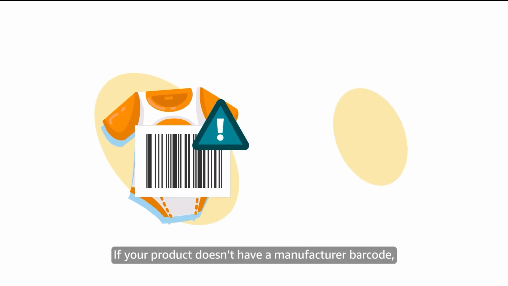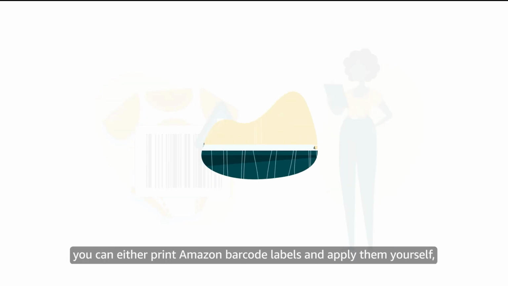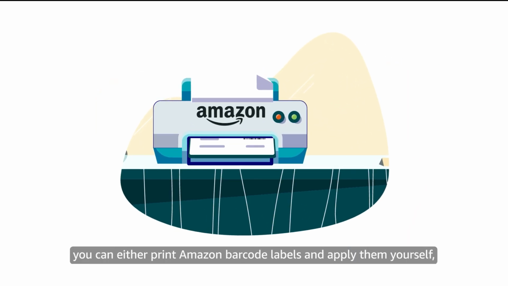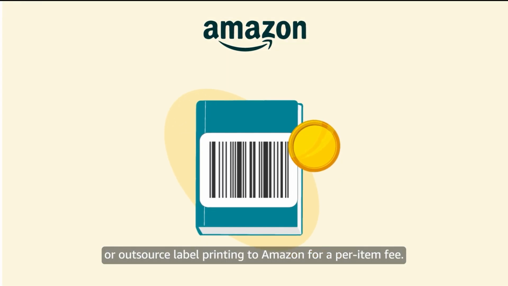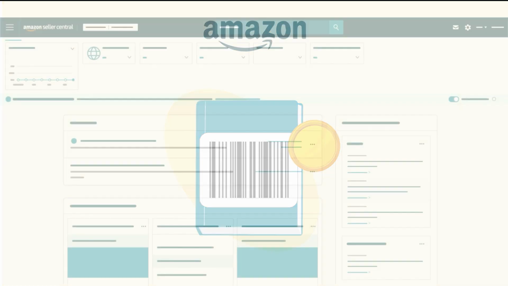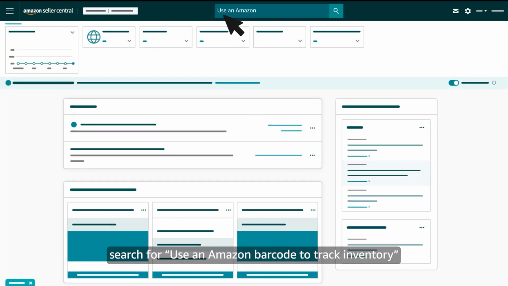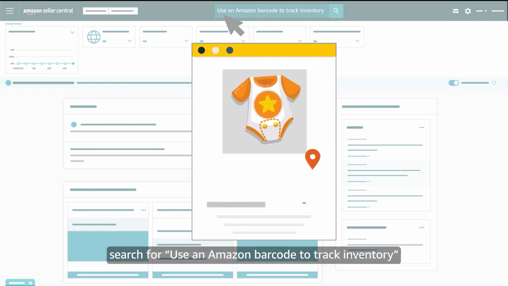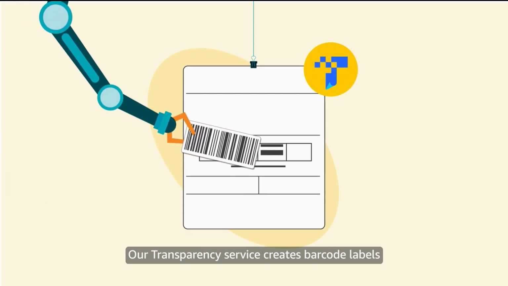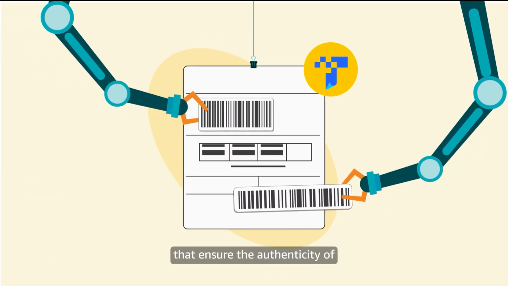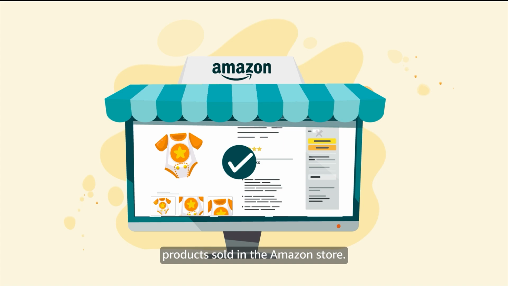If your product doesn't have a manufacturer barcode, you can either print Amazon barcode labels and apply them yourself, or outsource label printing to Amazon for a per-item fee. For more information, search for Use an Amazon barcode to track inventory and FBA label service in Seller Central. Our transparency service creates barcode labels that ensure the authenticity of products sold in the Amazon store.